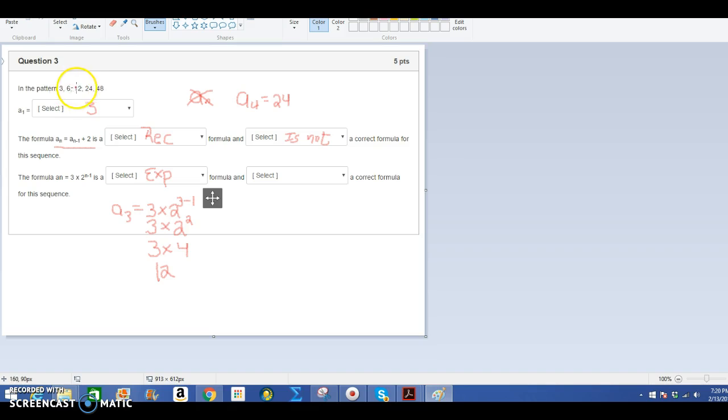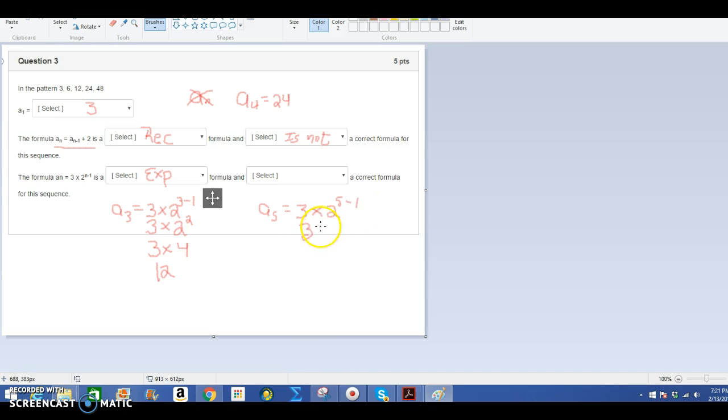Let's check another one. I'm going to do the fifth, 1, 2, 3, 4, 5, and we'll see if this all makes sense to us. So a sub 5, I'm supposed to take 3 and multiply it times 2 to the 5 minus 1.